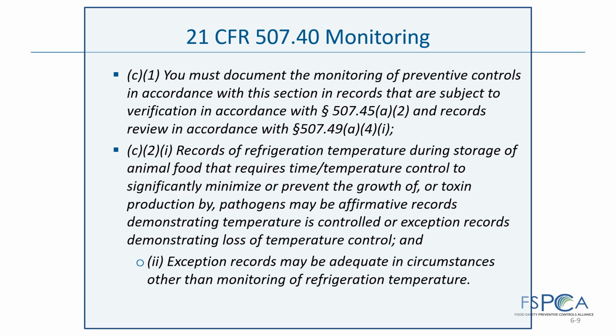Okay, so it produces a record, it sets off some sort of alarm that says we went outside of our parameter values. That is an exception record. And while it's specifically mentioned as appropriate for refrigeration temperature, there are other situations that we could use exception records for.